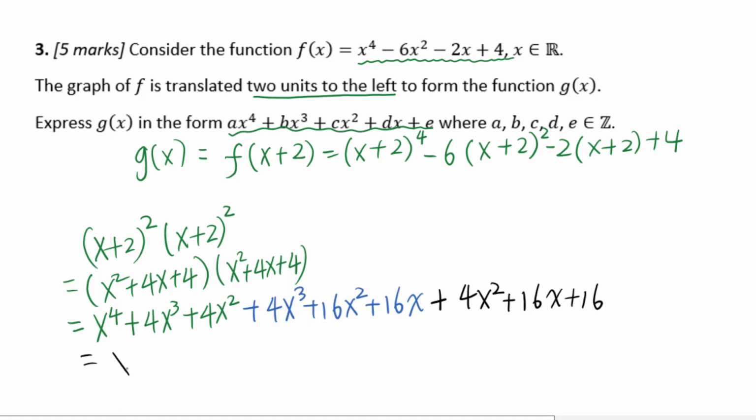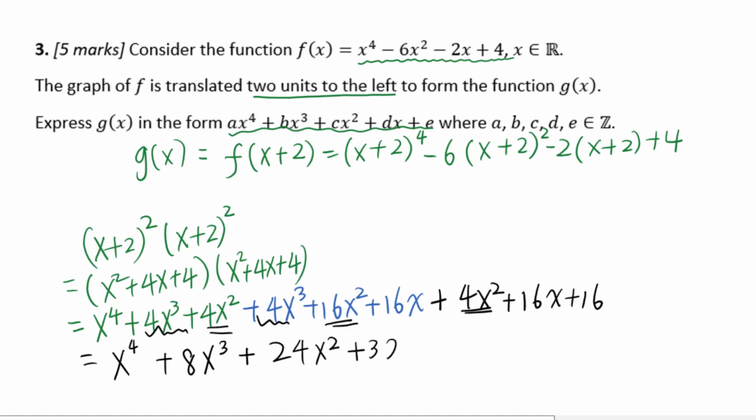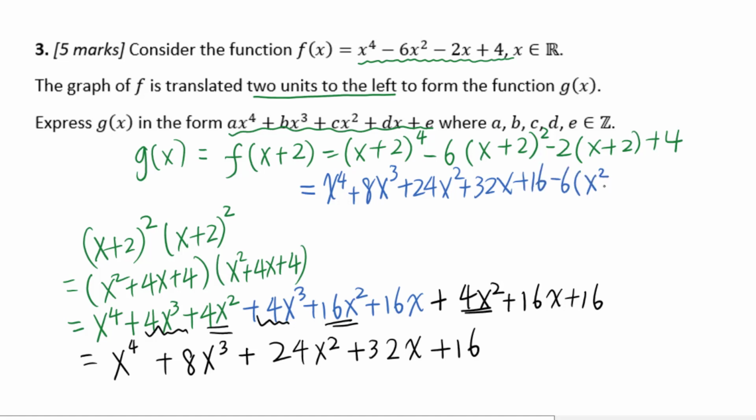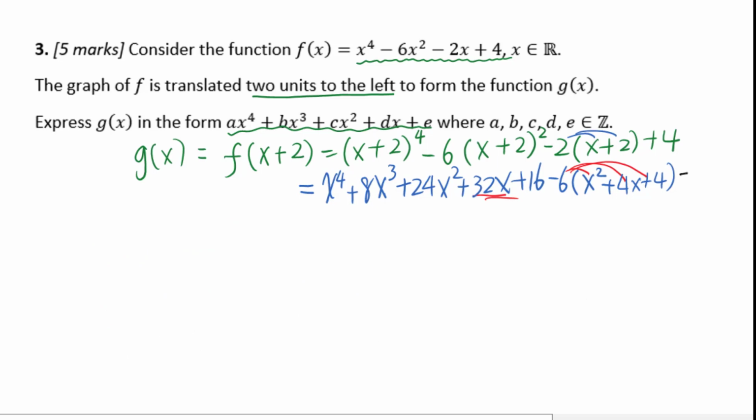Combine like terms: x to the fourth power plus 8x to the third power plus 24x squared plus 32x plus 16. Then minus 6 times x squared plus 4x plus 4. Then this distributive property, minus 2x minus 4 plus 4.